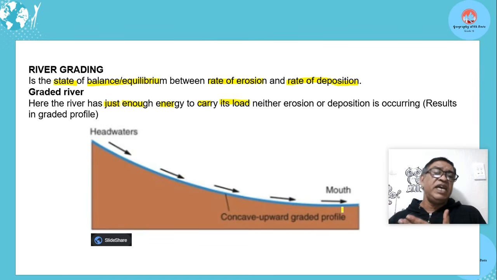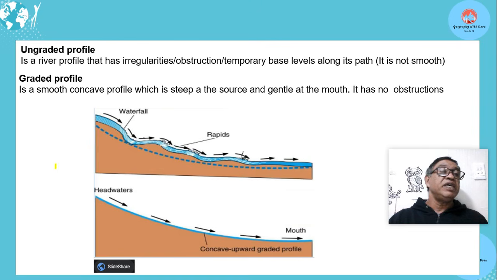It's not going to create any erosion. Okay, and if it has enough energy to carry its stuff, it's also not going to deposit. So if the slope was graded like this, it's going to remain graded because nothing is going to knock against it to erode it, or the material being carried has enough energy, it's not going to be deposited. So that's your graded river.